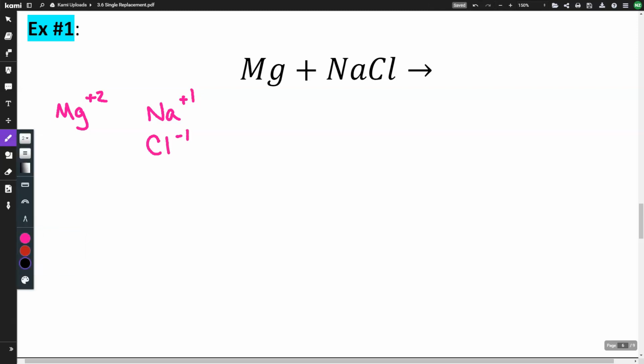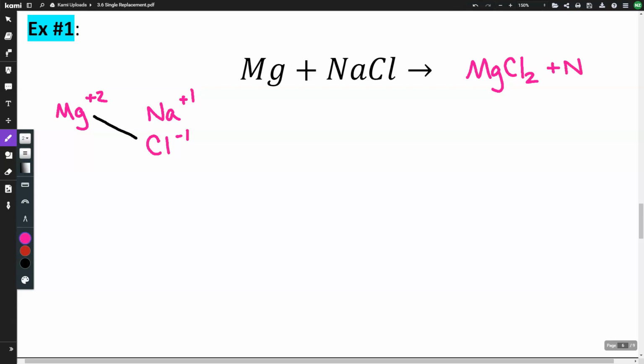So opposites attract. So magnesium cannot bond with sodium, but magnesium can bond with chlorine. So on the right side of our reaction, we're going to have magnesium and chlorine bonding. I need 2 chlorines to bond because magnesium is +2, so I need a total negative charge of -2 to make our compound.